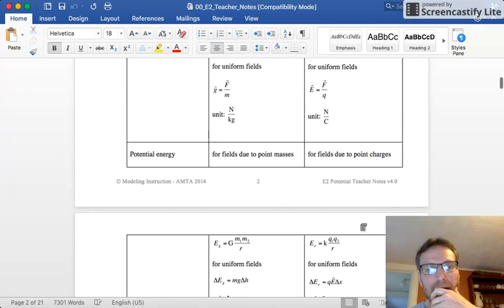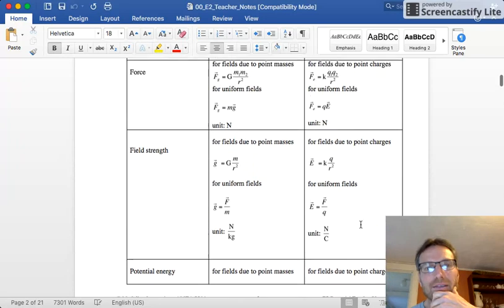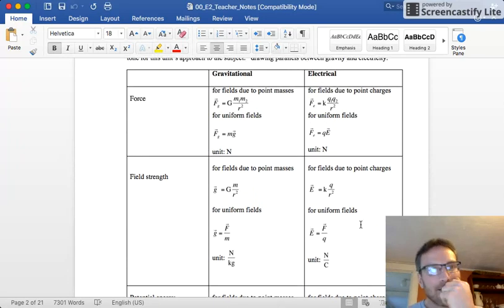I thought it was nice to go through some mathematical analysis and combine Coulomb's law with the equation for field strength, electric force per charge, resulting in this equation here.